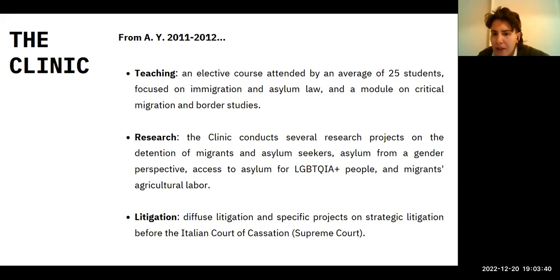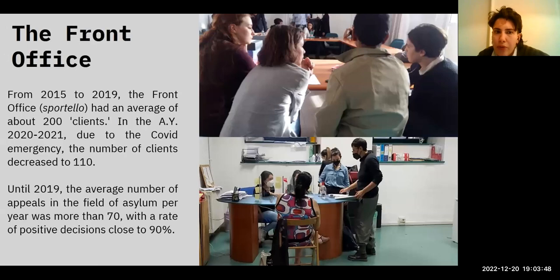But the most important and special thing of Roma 3 Legal Clinic is the front office that was founded in the same period, and is a real front office. In Italian we call it sportello for migrants and asylum seekers.